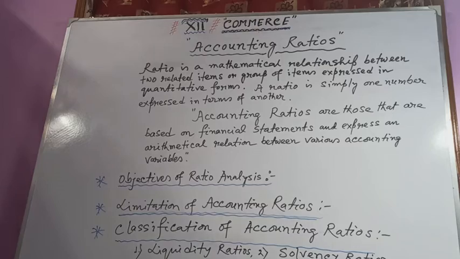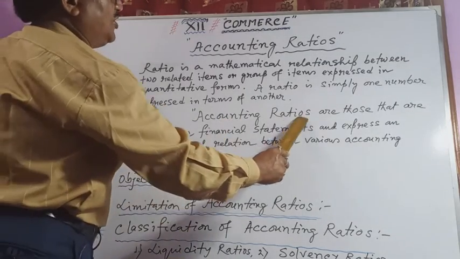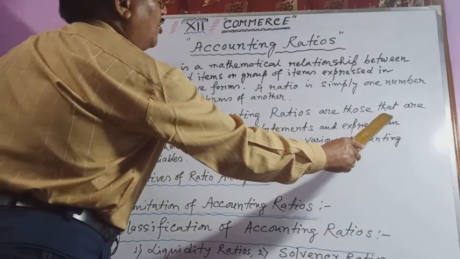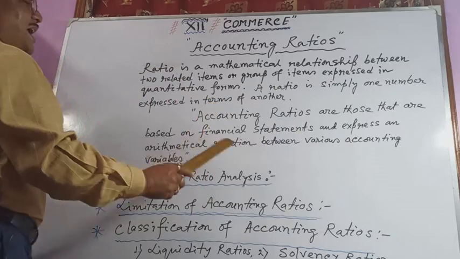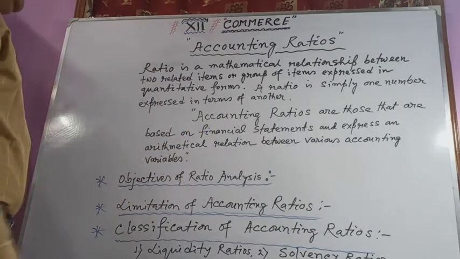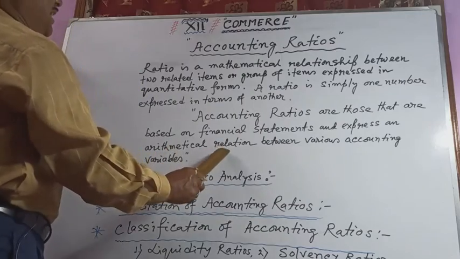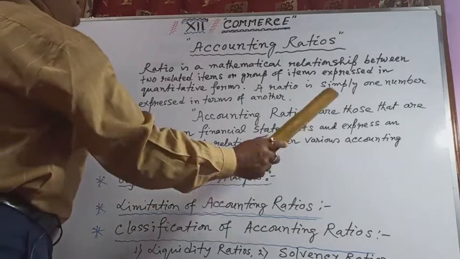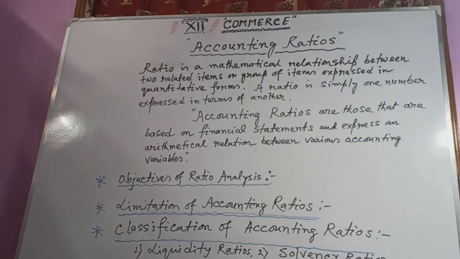But what do you mean by accounting ratio? Accounting ratios are those that are based on the financial statements and express arithmetical relations between various accounting variables, okay, that is known as accounting ratio.